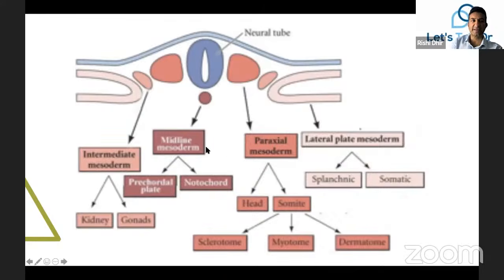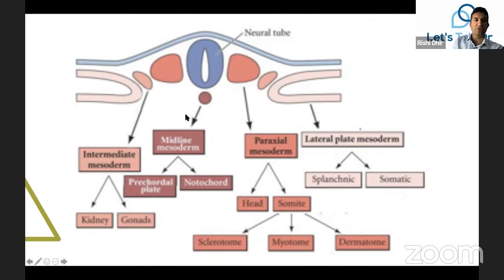Okay, and that's just showing you guys what I spoke about, those three layers, okay? So you've got the paraxial, intermediate, and lateral plate mesoderm, okay? And the lateral plate mesoderm splits into a ventral layer, which basically is your splanchnic system, and a dorsal layer, which is your somatic, okay? The paraxial mesoderm basically lies either side of the neural tube, which you can see here, and that gives rise basically to your sclerotome, myotome, and dermatome. So that's going to be your skin, it's going to be your muscle, etc., your vertebrae.